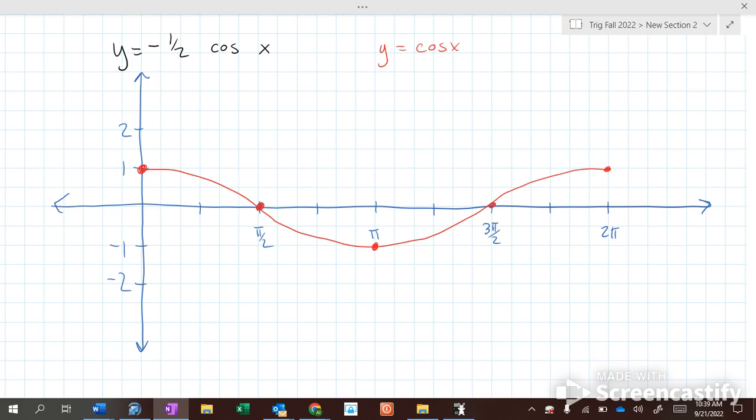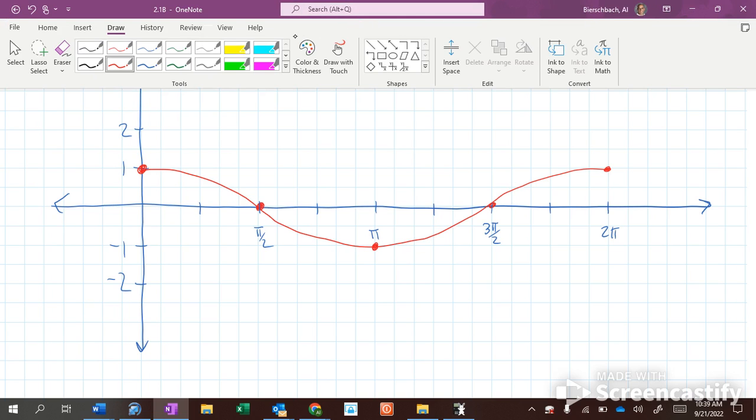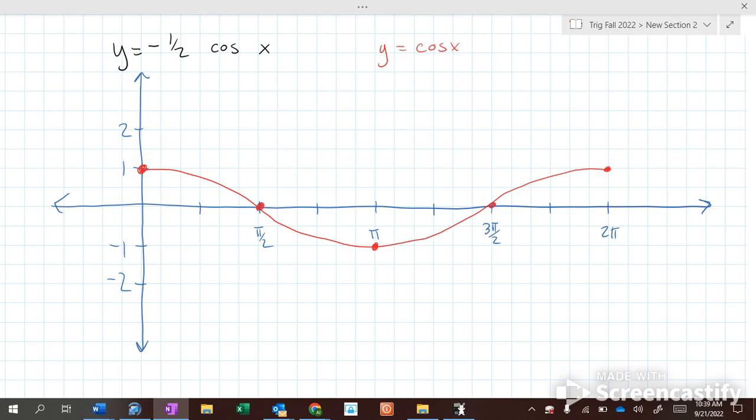Now, when you have amplitude out in front, you're going to take negative 1/2 of the y value. So what's negative 1/2 times 1? Negative 1/2. What's negative 1/2 times 0?